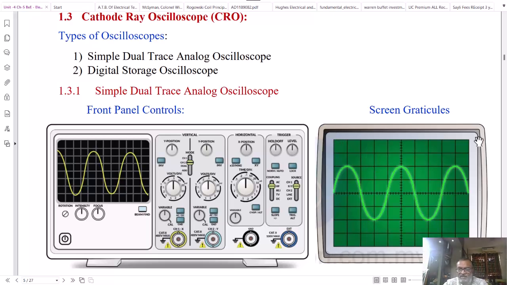CRO is basically a YT instrument. That is, T is the variable for time on the horizontal axis and amplitude on the Y axis. This amplitude is the amplitude of the signal which is connected to the input of the oscilloscope.